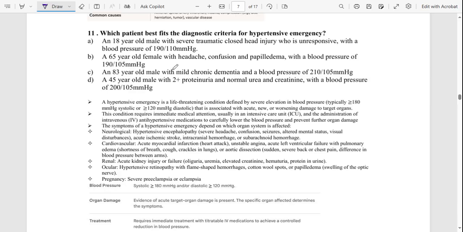B: a 65-year-old female with headache, confusion, papilledema with blood pressure 190 over 105. C: an 83-year-old male with mild chronic dementia and a BP of 210 over 105. D: a 45-year-old male with 2 plus proteinuria and normal urea and creatinine with BP 200 over 105. Any thoughts on this one?